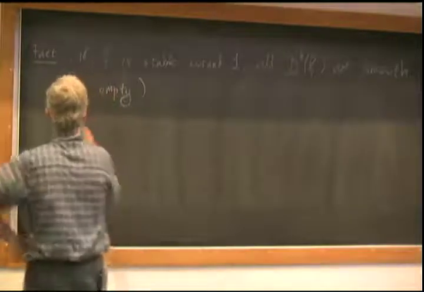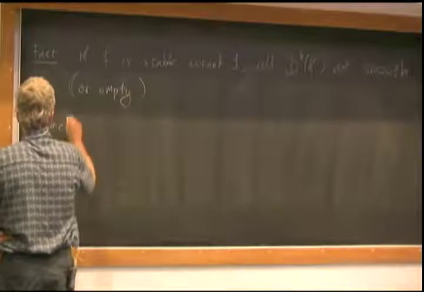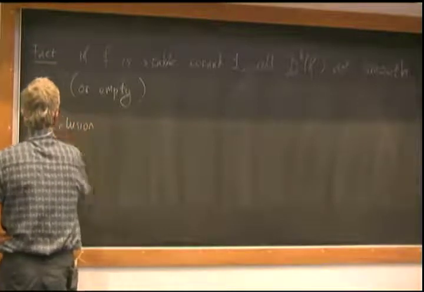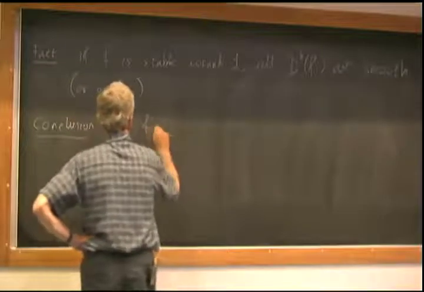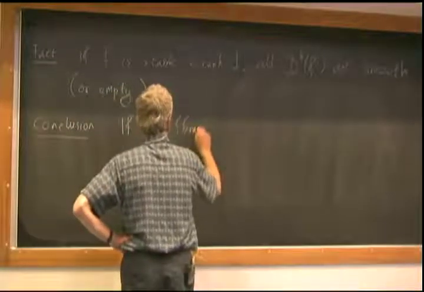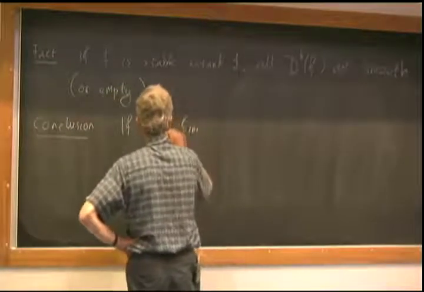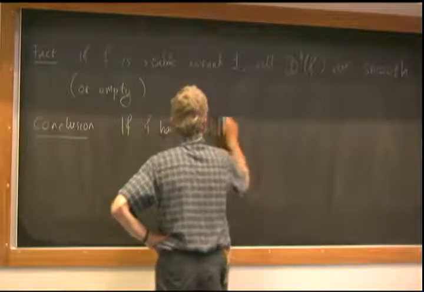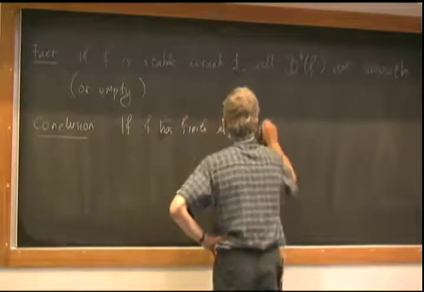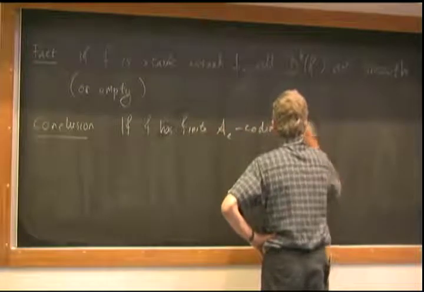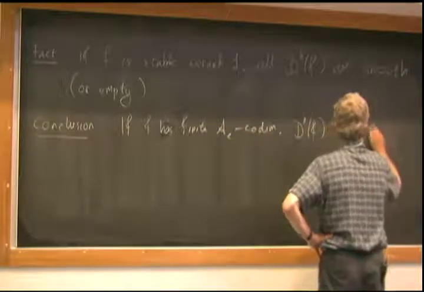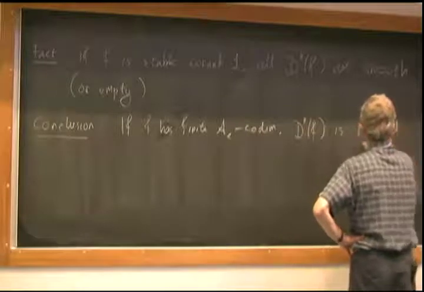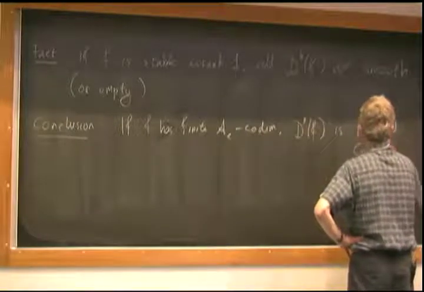So, conclusion, if F is finitely determined, or has finite codimension, then D^k f is an isolated complete intersection singularity.